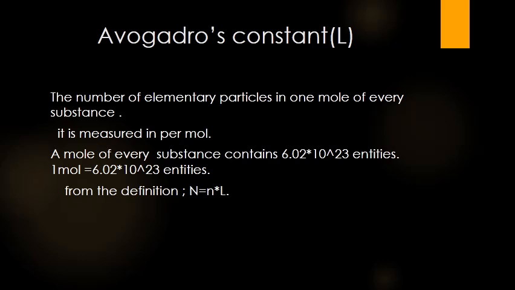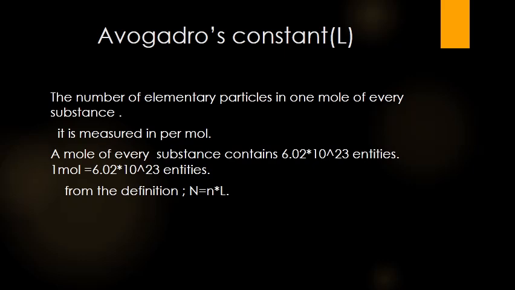And from the definition of Avogadro's constant, the number of elementary particles divided by mole gives you Avogadro's constant. That's all that Avogadro's constant was talking about. That's all the English we are writing there. This equation is all that we are writing there.